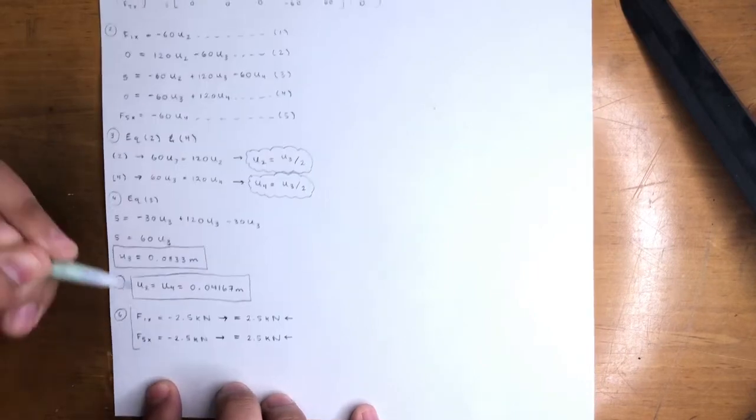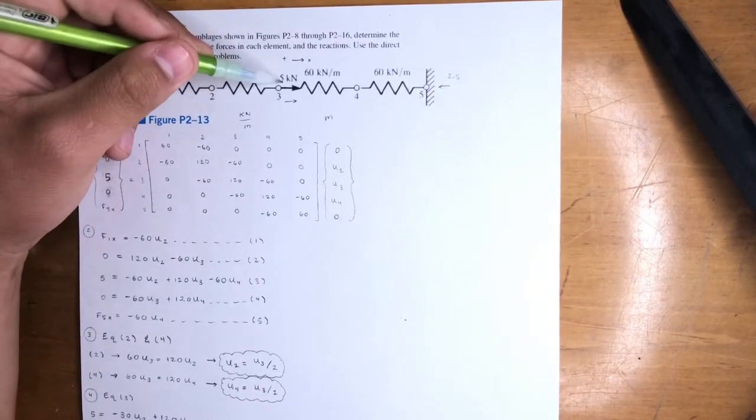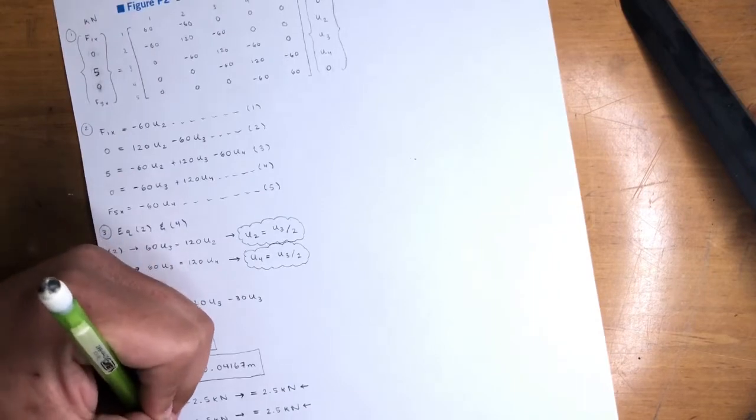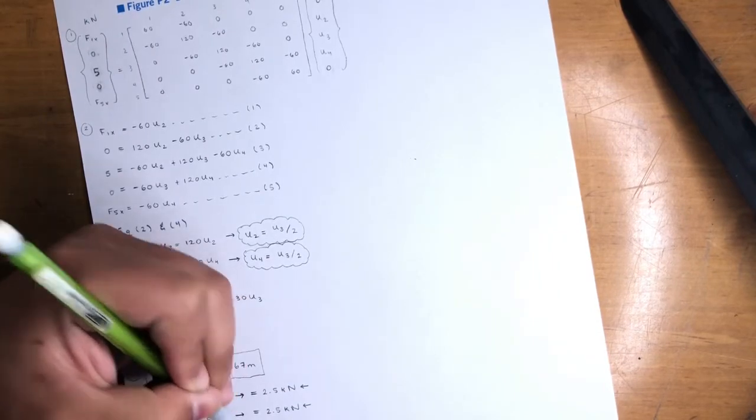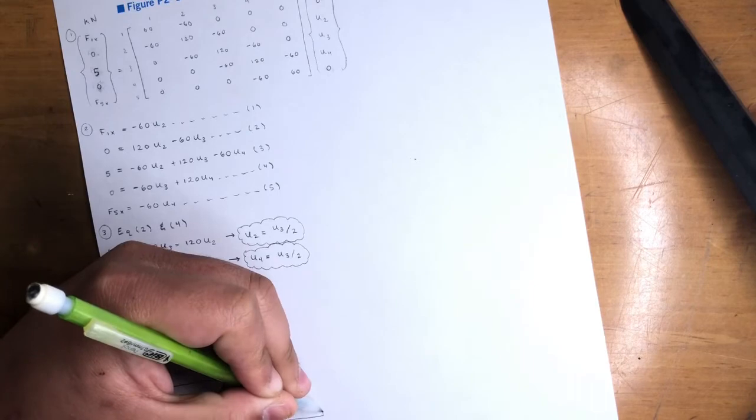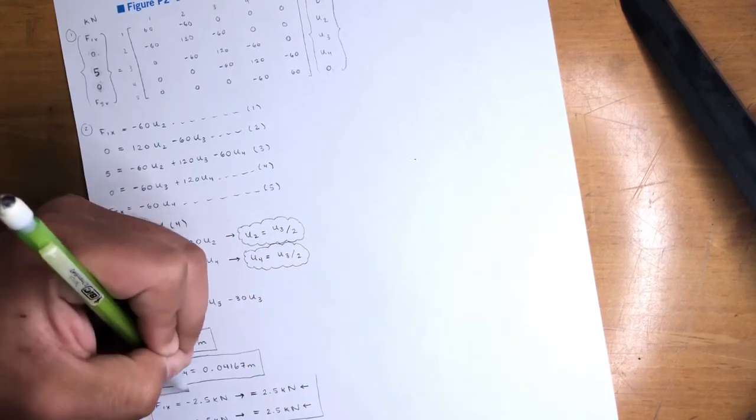Now that is exactly what I had assumed. Remember, 5 to the right, that means there's an equal and opposite force divided by 2 on each side. So that's pretty much the answer.